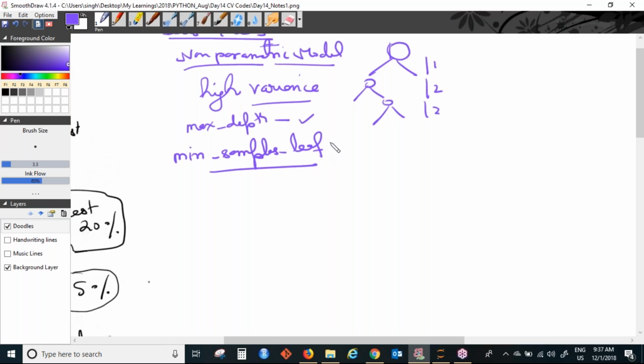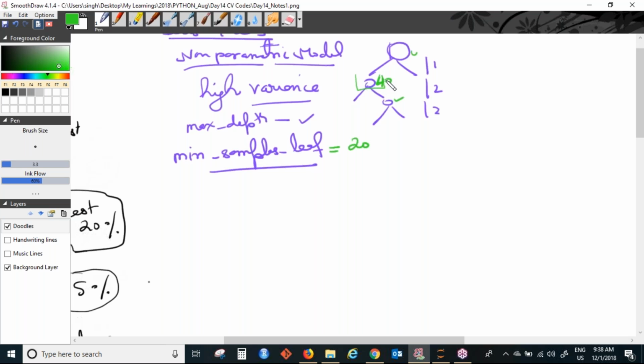What does this parameter do? It decides the minimum number of points that should be present in a node to continue with a split. Let's say you give min samples leaf as 20, and you have 40 points at this node right now.